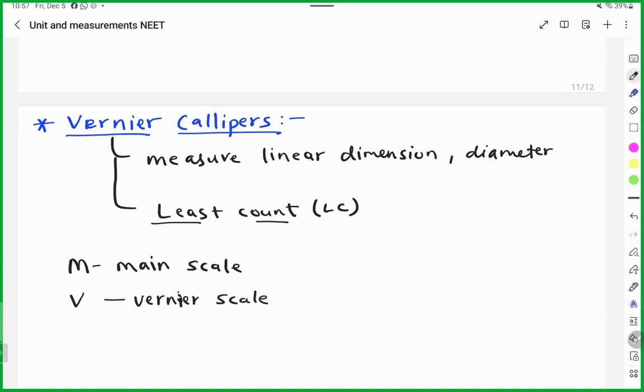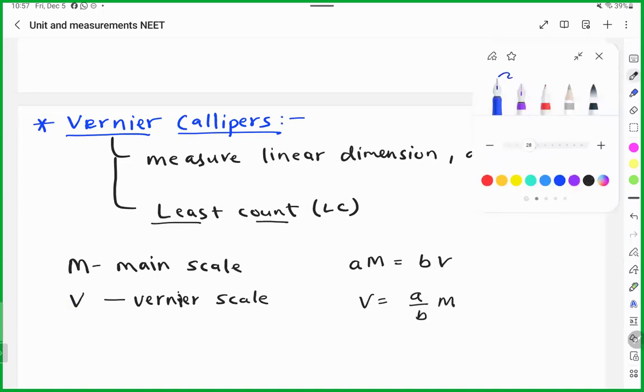If you know this M and V value, there will be some number of M that will coincide with the V. So if I say A number of M coincide with B number of V, can we say Vernier scale value will be A by B into M? Any doubt, guys?